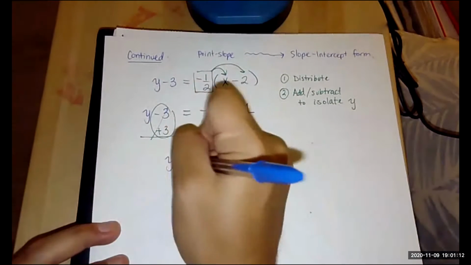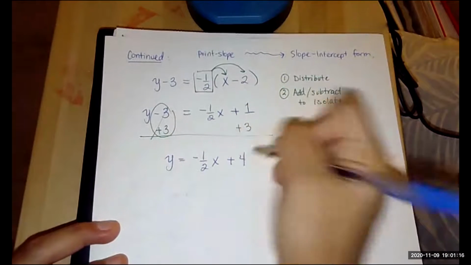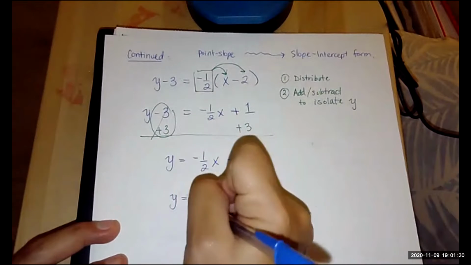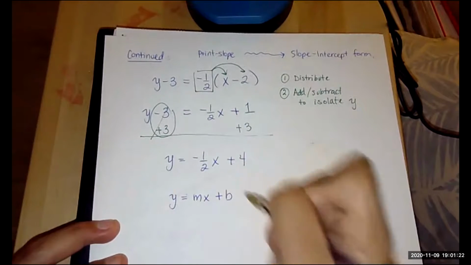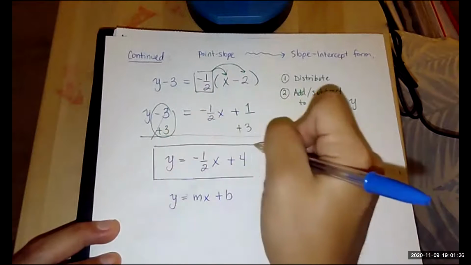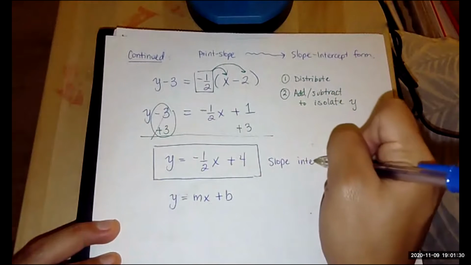And we have y is equal to negative 1/2 x plus 4 now. And this is of the form y equals mx plus b. So this is our slope-intercept form.